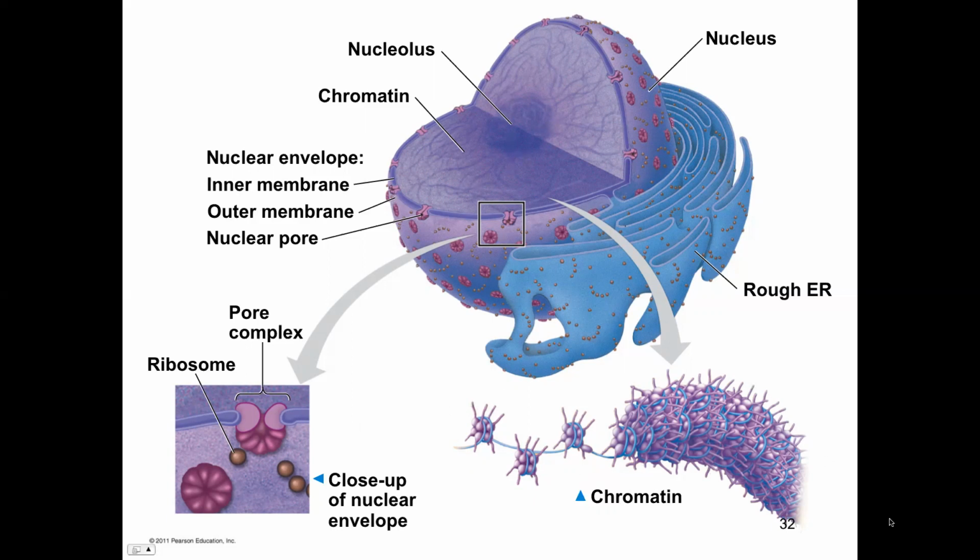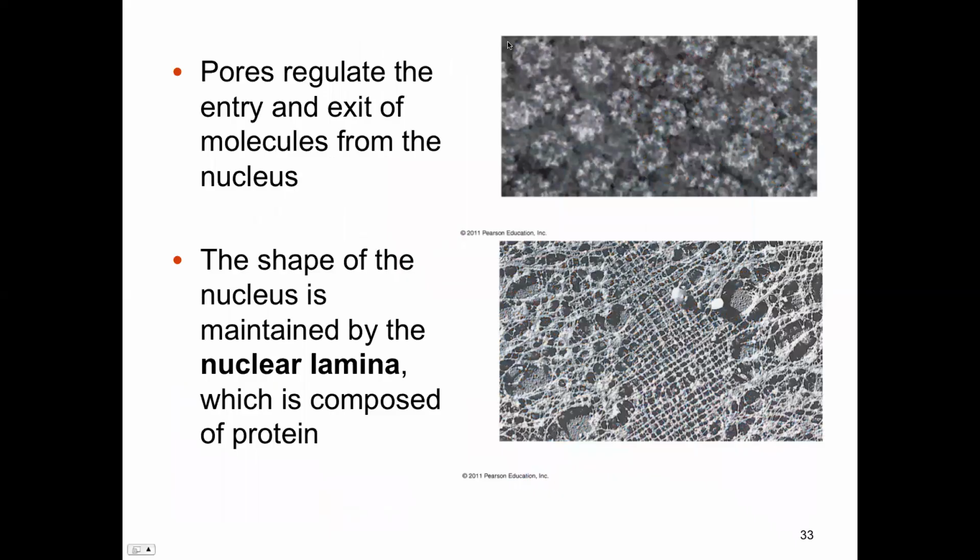We will go over the differences between chromatin and all that kind of stuff later on in the semester. But for the most part, the DNA is as chromatin, and it's bound up with proteins in this region, right inside the nucleus. Now, the nucleus is continuous with the endoplasmic reticulum, or the ER, and I'm going to talk about that in a sec.